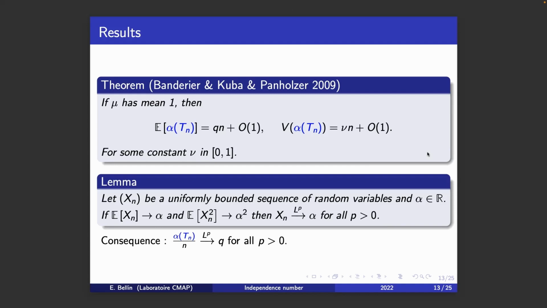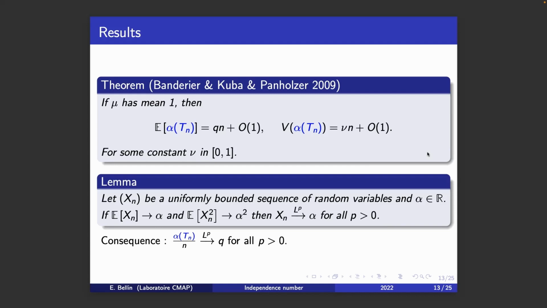So this is nice, but here we forgot the red, orange, and green vertices. This is more general than the previous theorem, but we forgot those vertices. So our goal would be to find a similar result, a similar convergence, but for the number of green, orange, and red vertices.